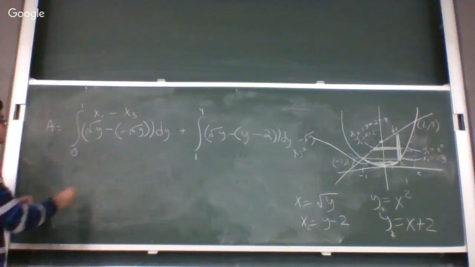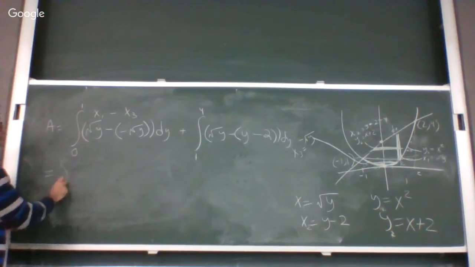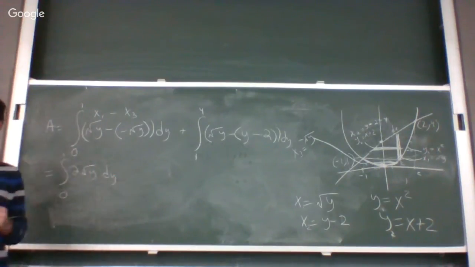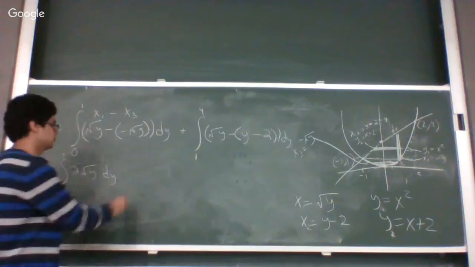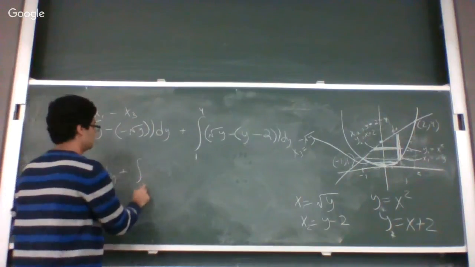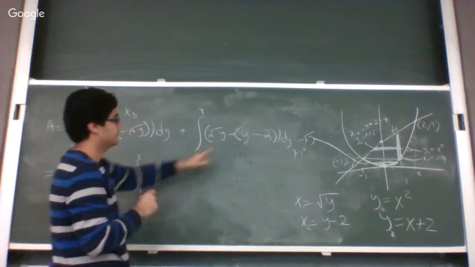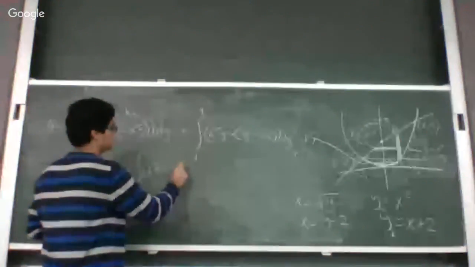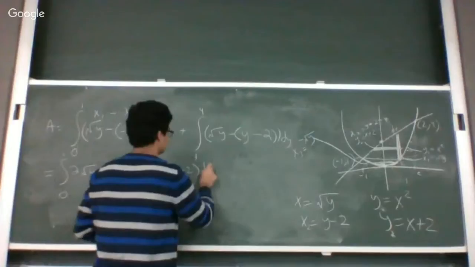So, okay. So this becomes the integral from 0 to 1 of 2 square root of y dy. Okay. Plus the integral from 1 to 4 of square root of y minus y plus 2.